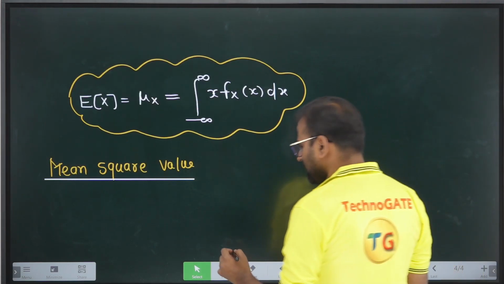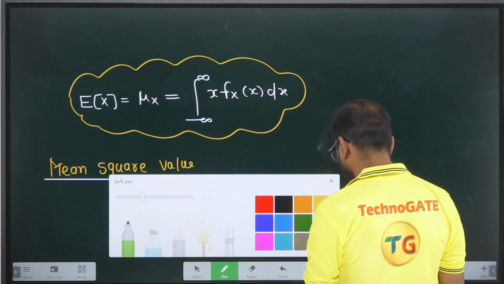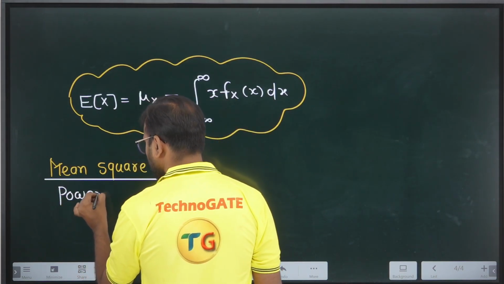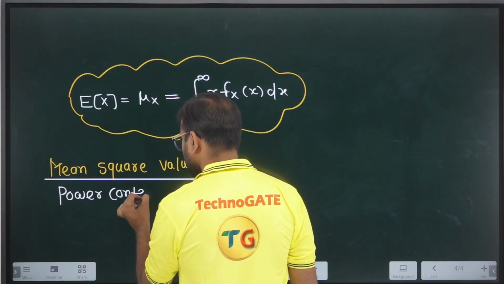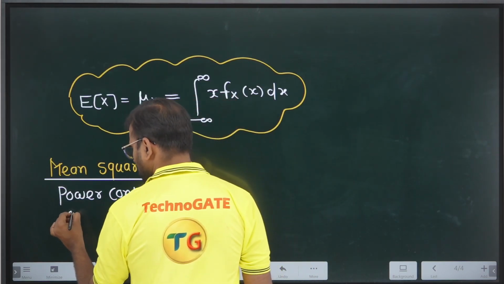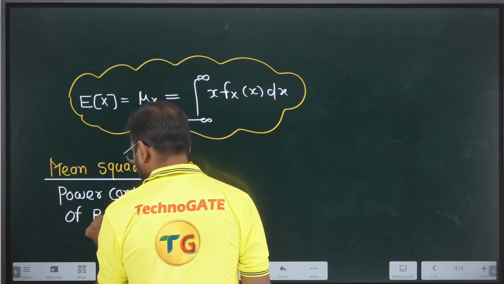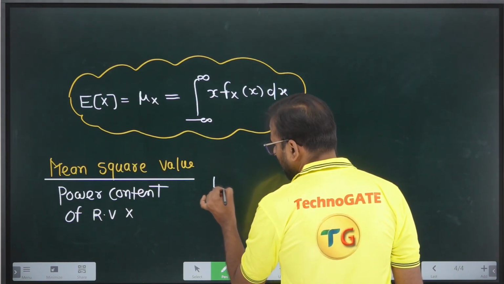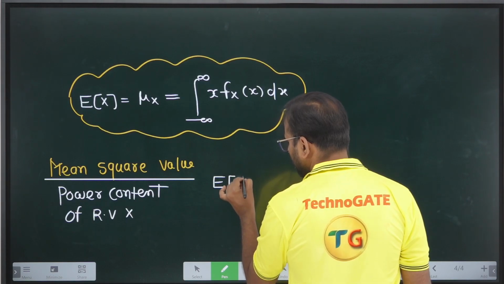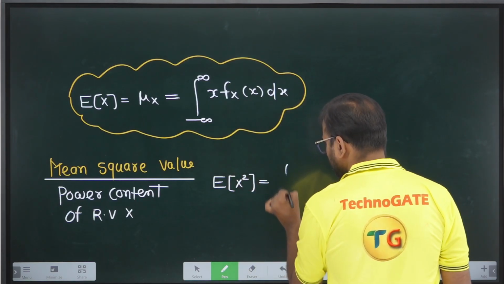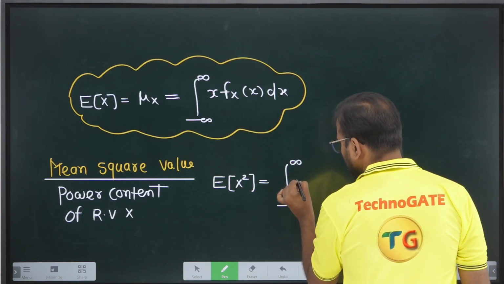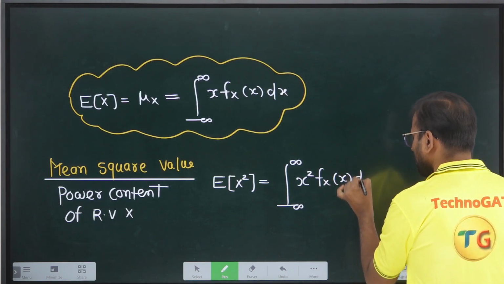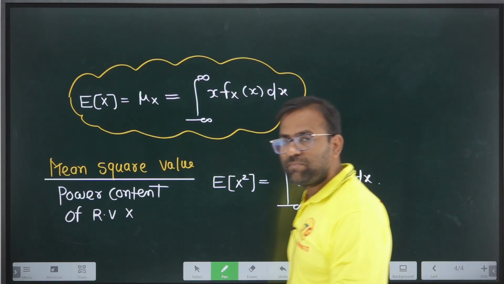The mean square value is the power content of the random variable x, and it is given by the expectation of x square, which is the integral from minus infinity to infinity of x square into fX(x) into dx. This is known as the mean square value.